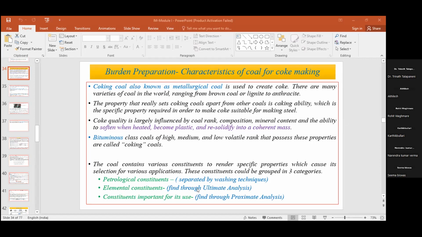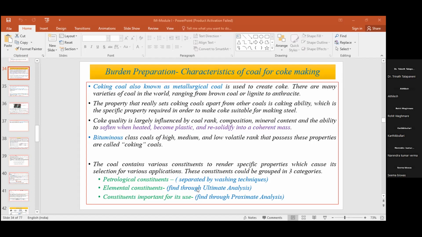But before that, one should know what are the various constituents of coal. So coal basically consists of petrological constituents, which we can separate by washing techniques.